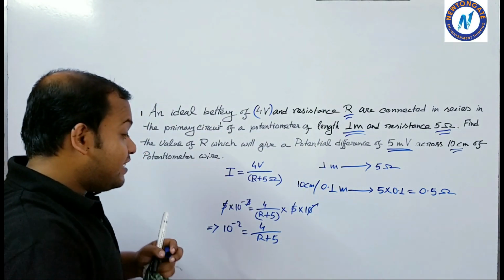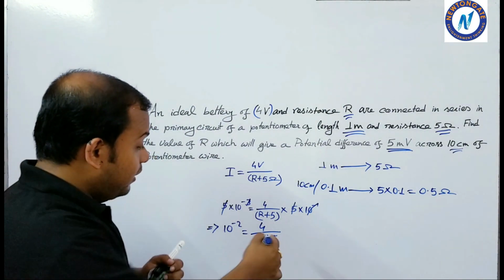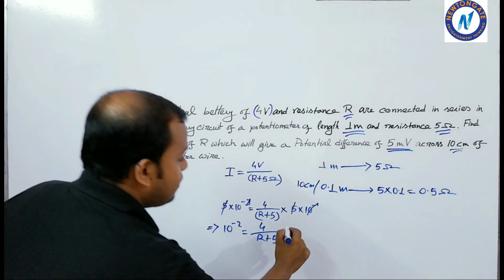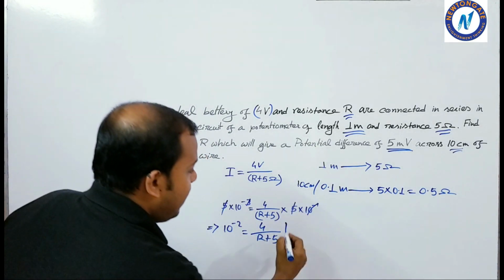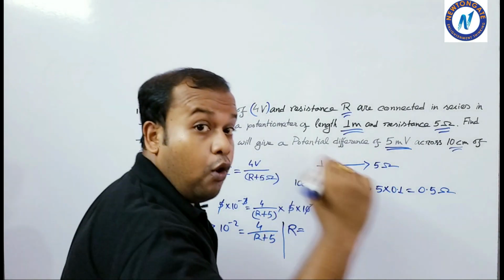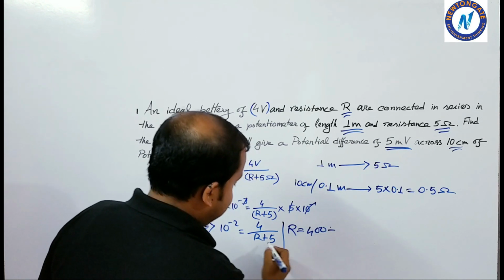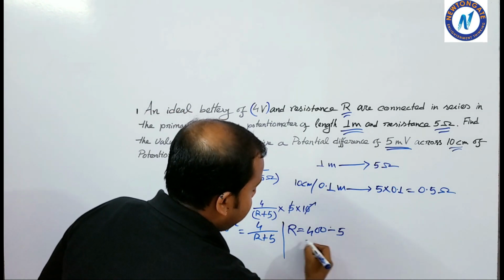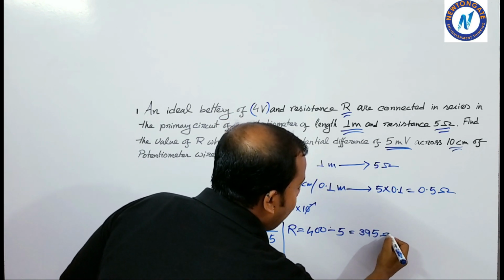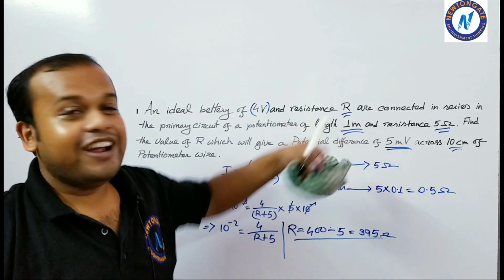Now if I rearrange the equation, it will give me the R value as 400 minus 5, which is basically 395 ohms, and hence this is the required value of R.